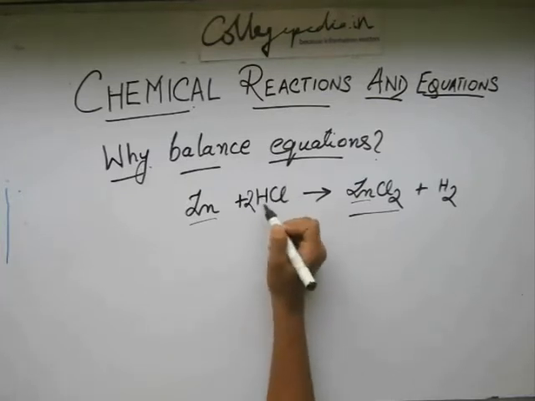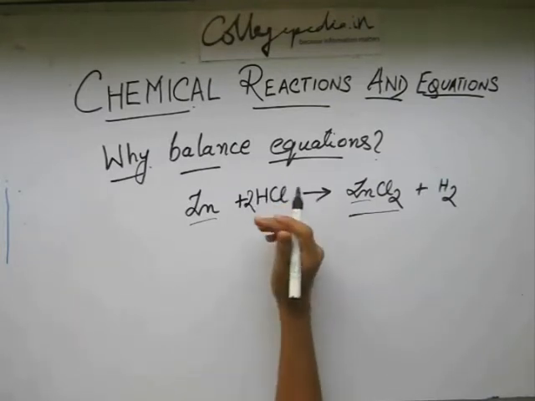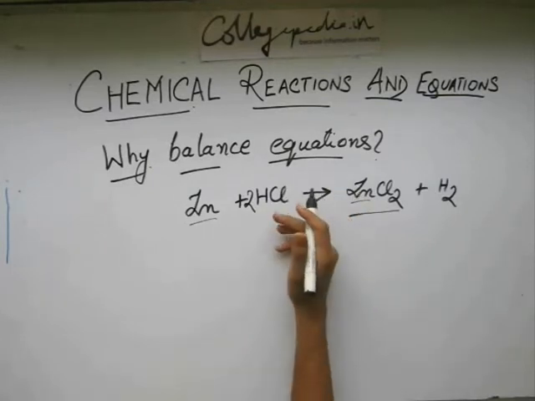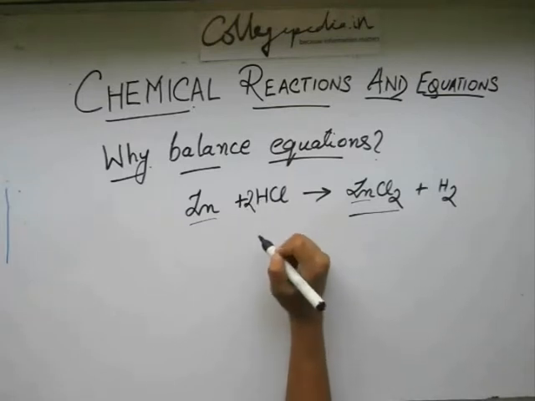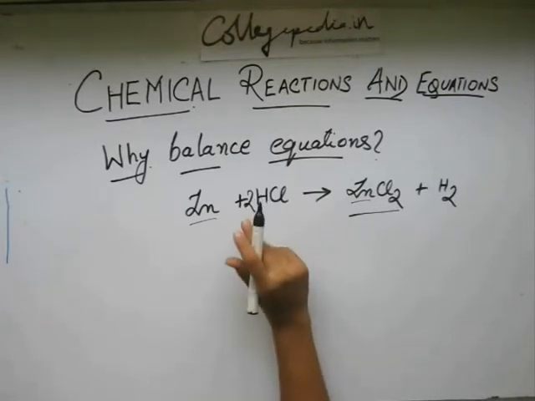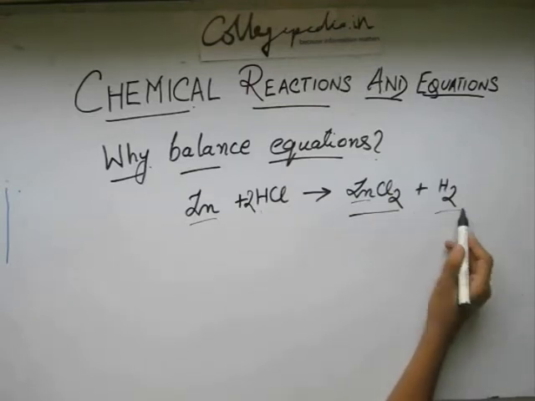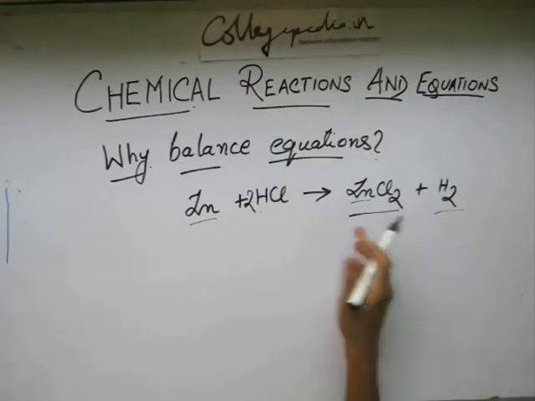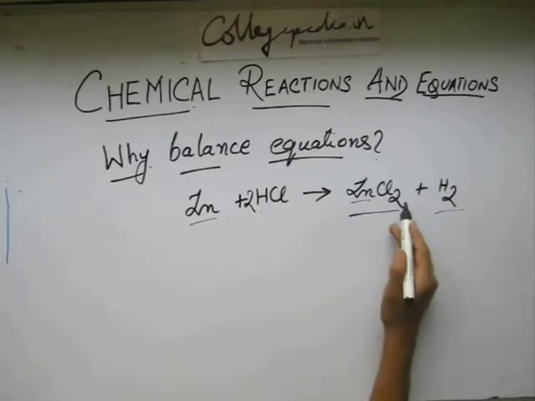But remember that when you multiply chlorine with 2, hydrogen also automatically gets multiplied with 2. Since the whole molecule is, you take 2 molecules of HCl. So you have 2 hydrogen atoms also. So 2 hydrogen atoms on this side, and on this side there are also 2 hydrogen atoms. So hydrogen automatically gets balanced along with chlorine.